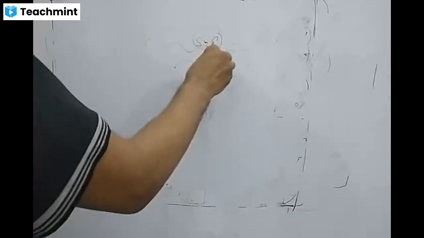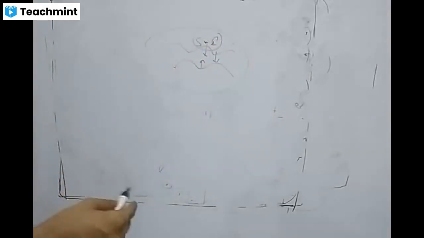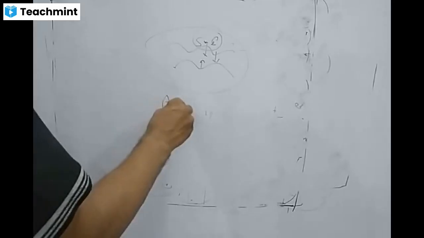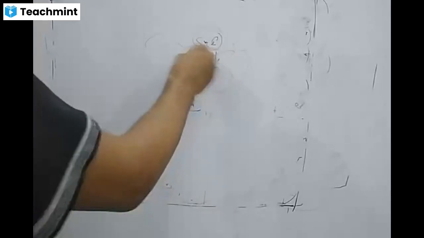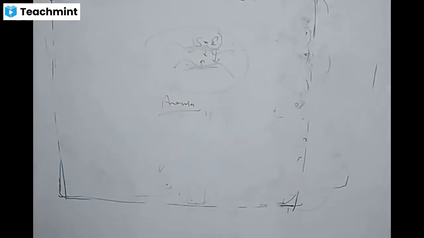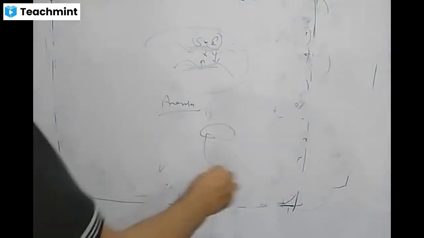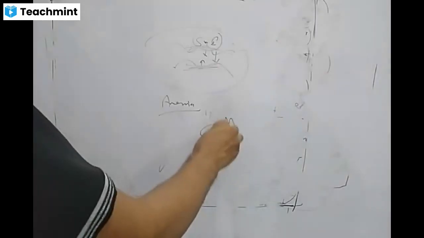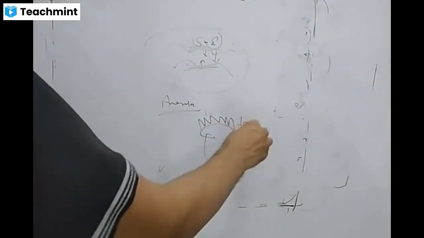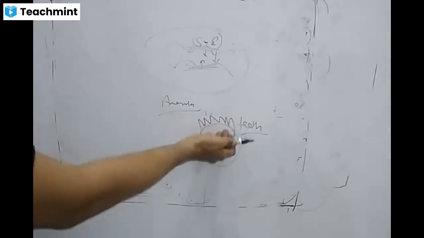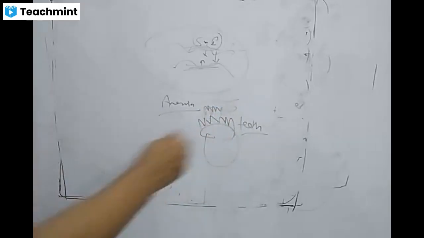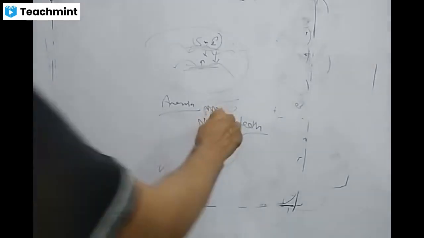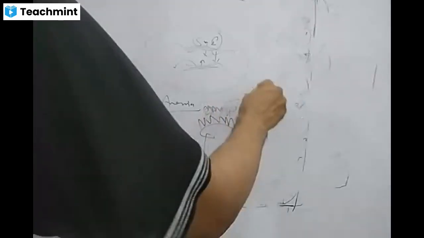So one pathogenesis is related with the intestine and one with the anemia, that is your blood-sucking activity. Because the buccal capsule of the Ancylostoma carries some teeth, with the help of these teeth it grasps the mucosa of the intestine, and because of that, it may lead to bleeding.